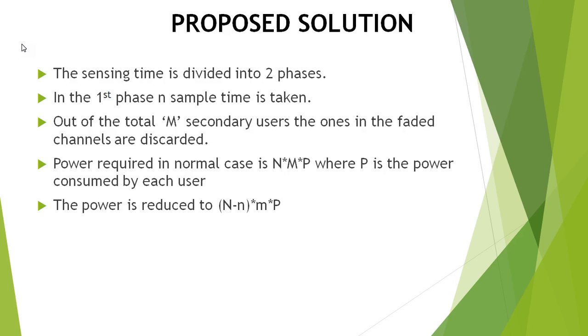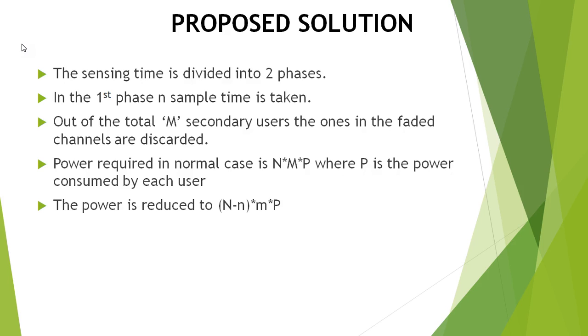In the first phase, we use only a number of samples less than the total number of samples to check the channel states. This we call the checkpoint of the sensing time. Then a certain number of users, less than the total number of users, which are in deeply faded channels are discarded. Thus, after the checkpoint, a smaller number of secondary users remain, as well as the number of samples being reduced. So, the total power consumed by the system is lessened.